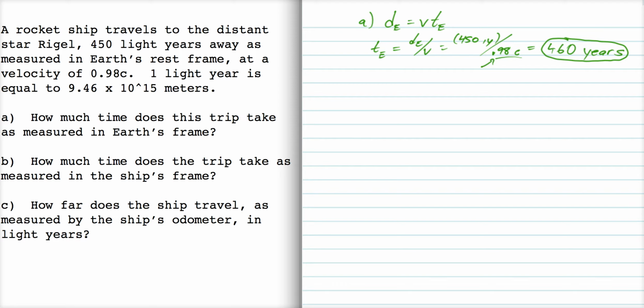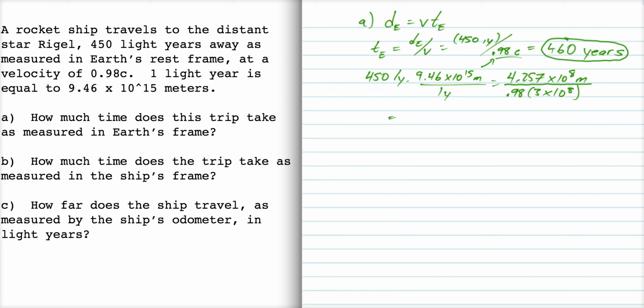If you want to actually see it multiplied out, well, 450 light years, if I convert into meters, is 4.257 times 10 to the 18th meters, and then we're going to divide that by 0.98 times 3 times 10 to the 8th.